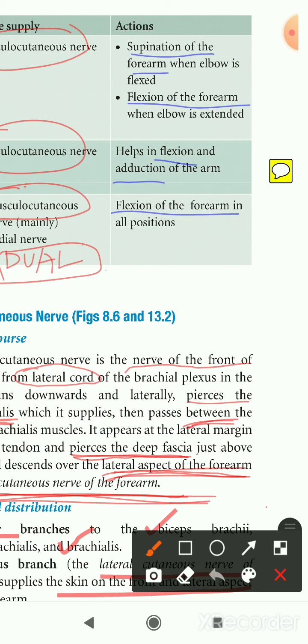So those muscles located in the anterior compartment will definitely cause flexion of the arm or forearm. As the coracobrachialis is located in the front of the arm, in the flexor compartment, it will definitely help in flexion of the arm, as well as adduction of the arm.